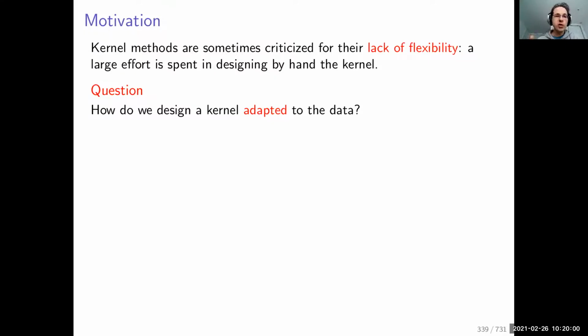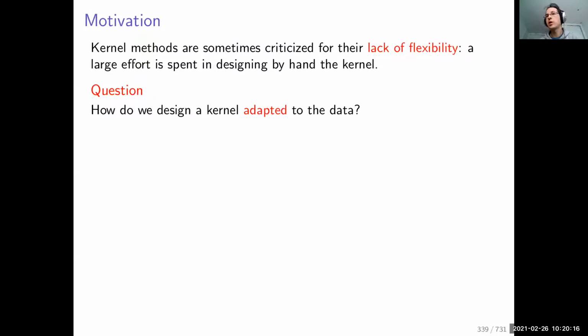So there is some motivation, which is also to get a kernel which is adaptive to the data that you have, because you know that when you want to design a kernel for a specific problem or for specific data, it's kind of an art. It's not always easy.